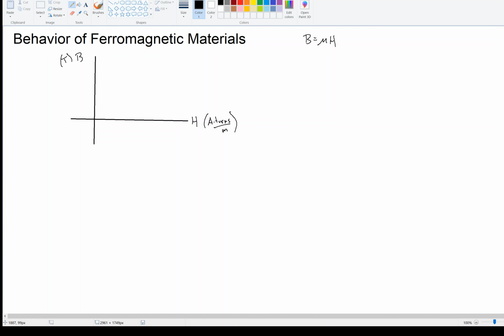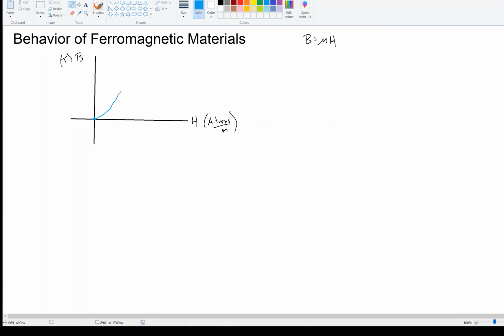For ferromagnetic materials, say silicon steel, that's not the case. And I just want to take you through it a little bit. Let's say we started with silicon steel and it was completely demagnetized, so we're at the origin. If we increased the magnetomotive force H, essentially the amp turns, then what we would see is something like this.